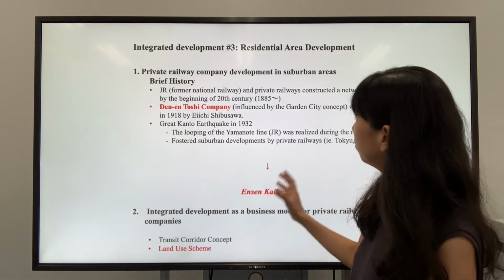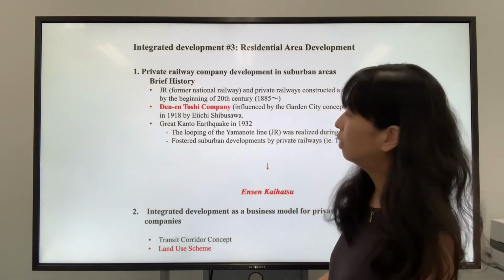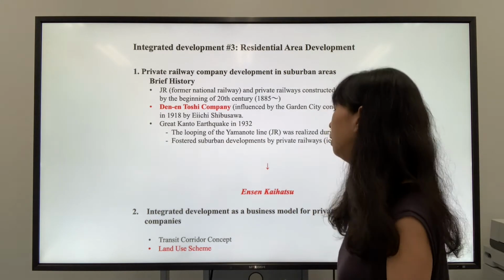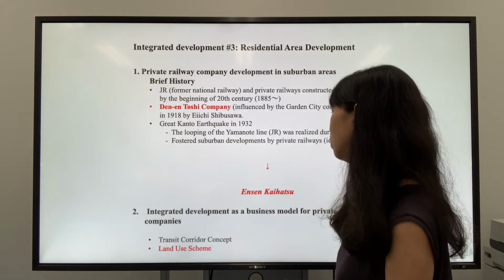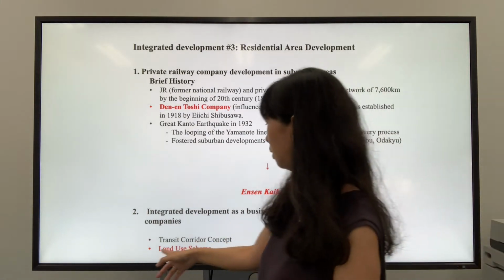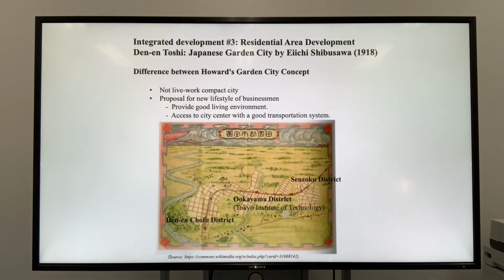The important keywords to remember here are, of course, the name of the company, and also the Ensen Kaihatsu, and also the land use scheme. So what do I mean by this? Before moving on, I will explain a little bit about the history of this Japanese garden city.